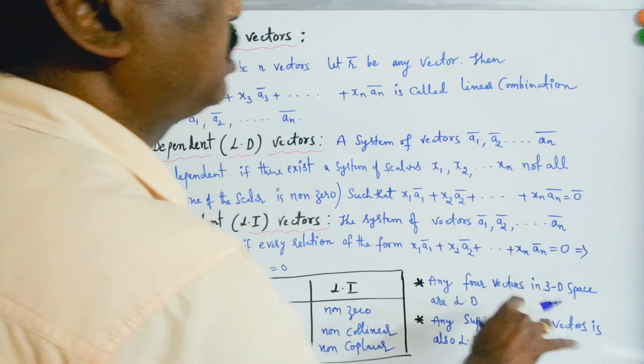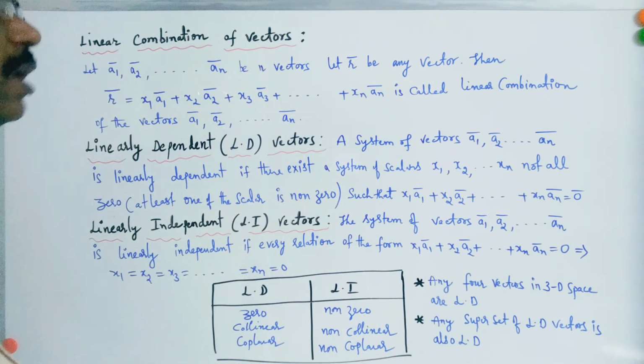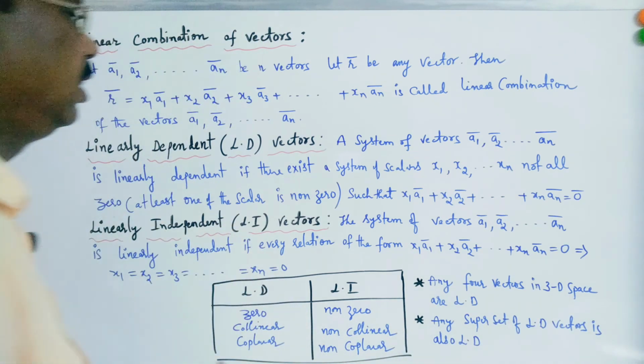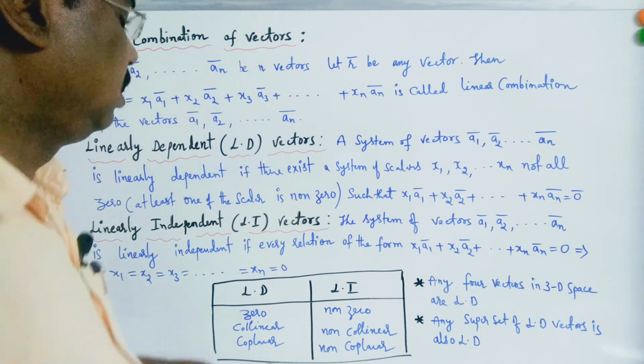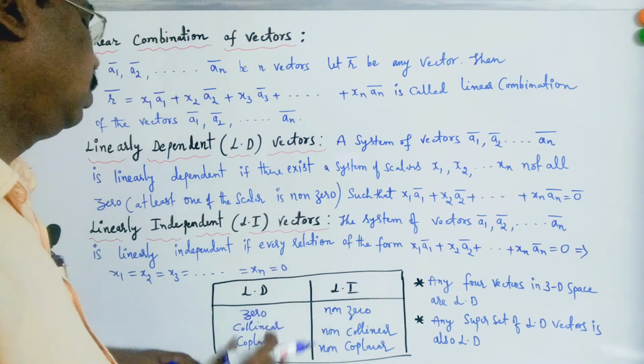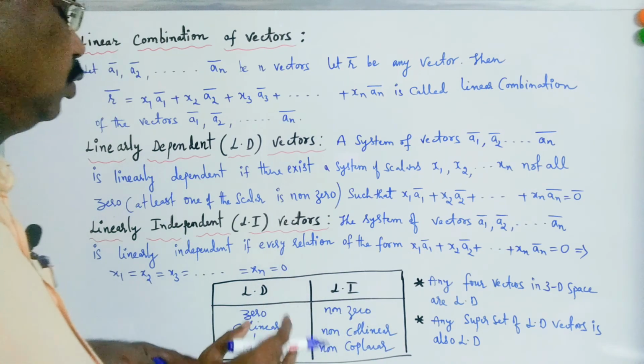Next, any four vectors in 3D space are linearly dependent vectors. Any superset of LD vectors is also linearly dependent. Linearly dependent vectors means determinant equal to 0. Linearly independent vectors means determinant not equal to 0.